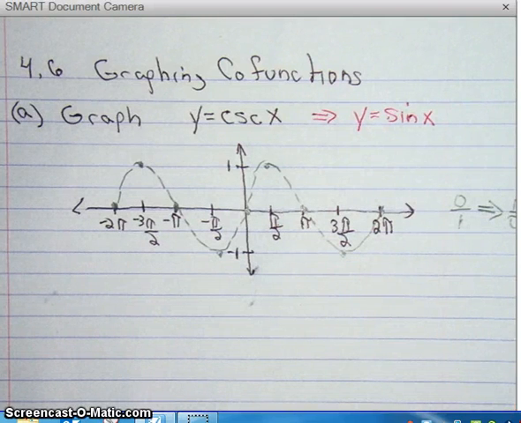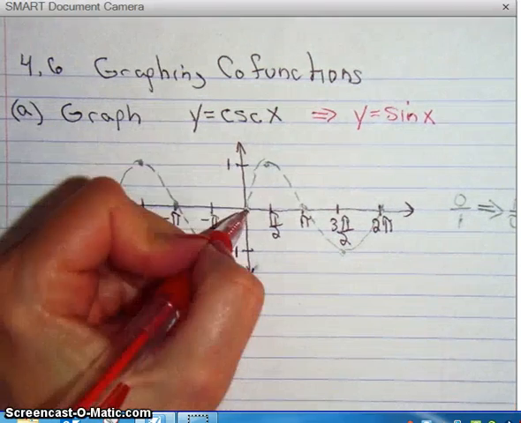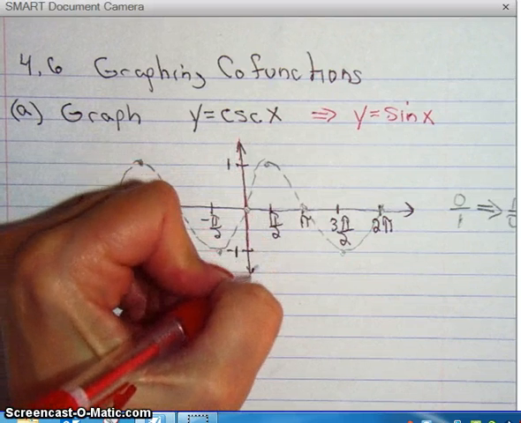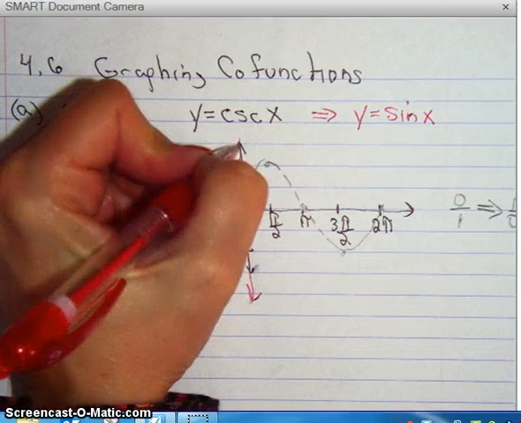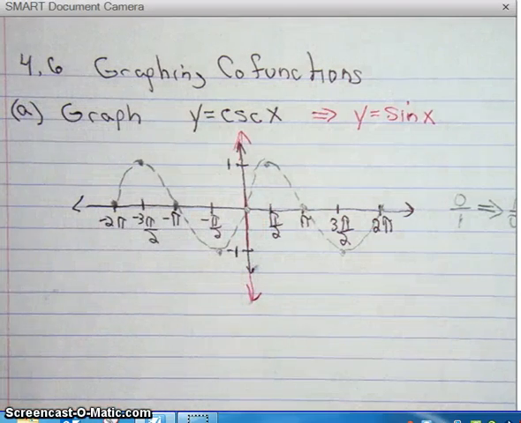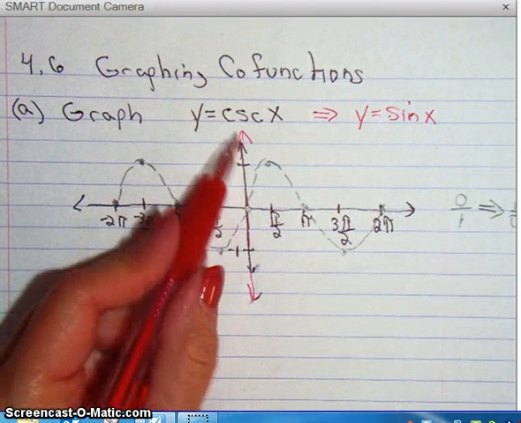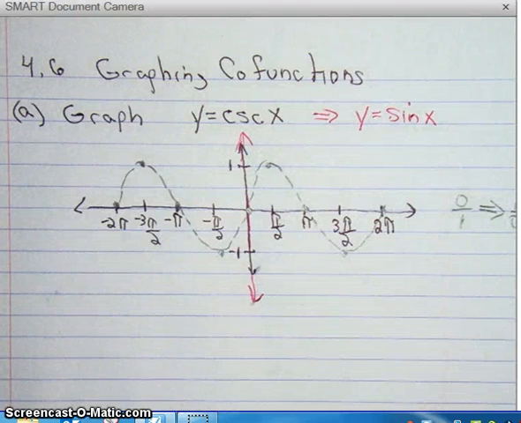So for the cosecant graph at x equals 0, we have something undefined, which would generate, what word is that, guys? What's that called, the undefined line? Something the curve cannot touch.